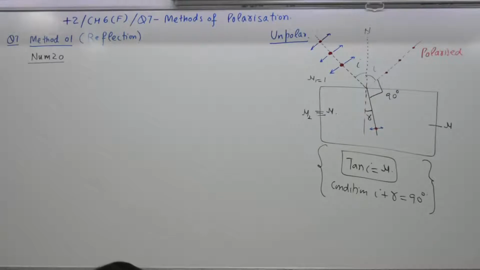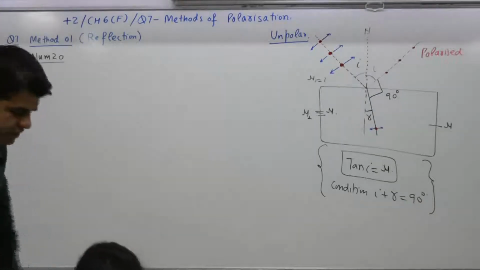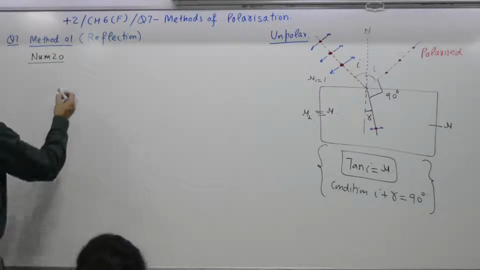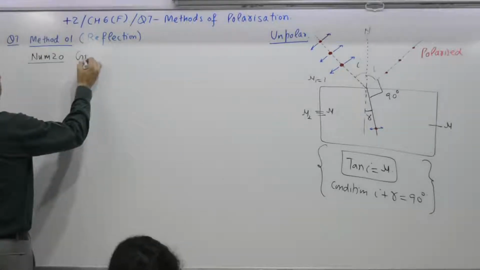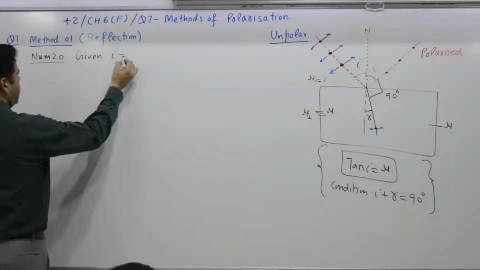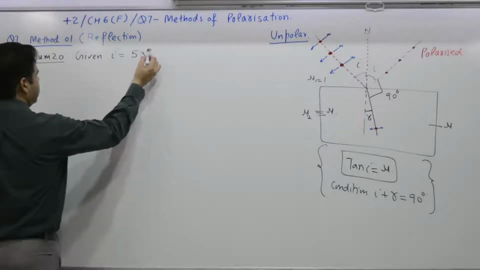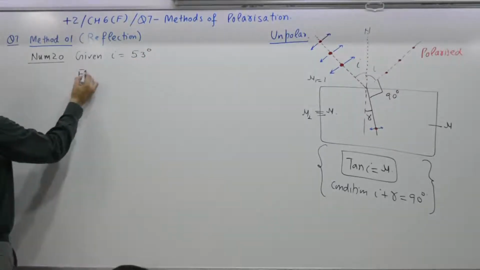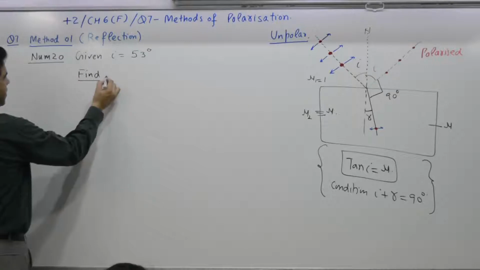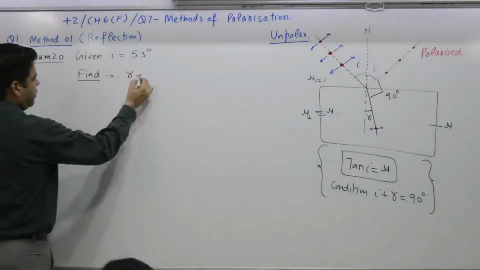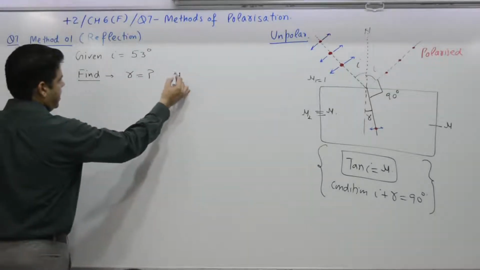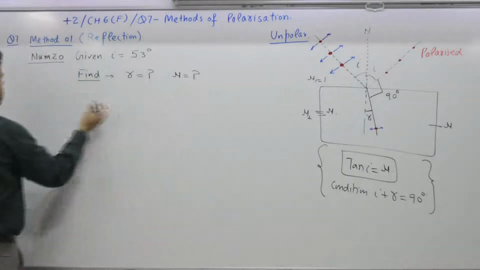Calculate the angle of refraction and refractive index of water. Given is what? Angle of incidence I is equal to how much? 53. You have to find out what? Angle of refraction R and refractive index.